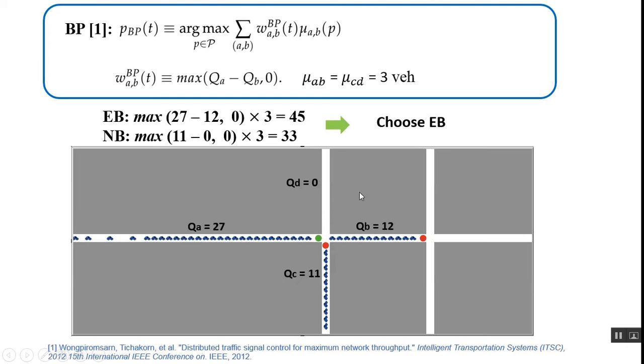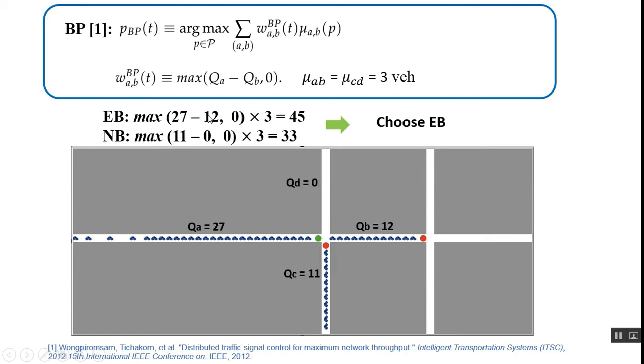In this example, we have the number of queuing vehicles at arc A as 27 vehicles, QB is 12 vehicles, QC is 11 vehicles, while QD is 0.